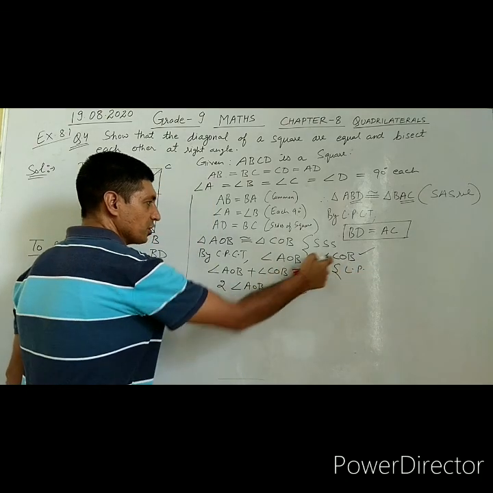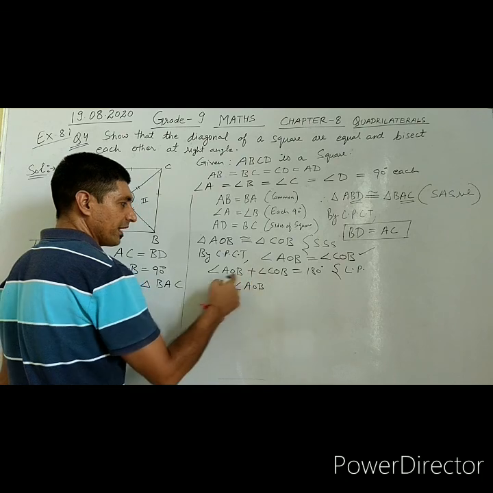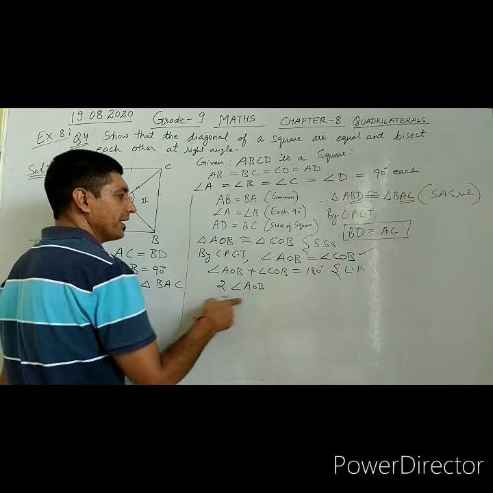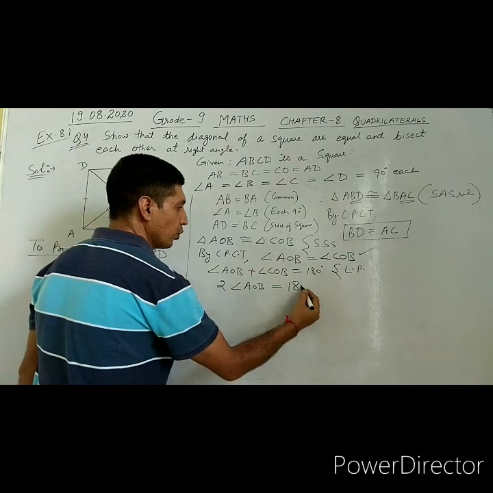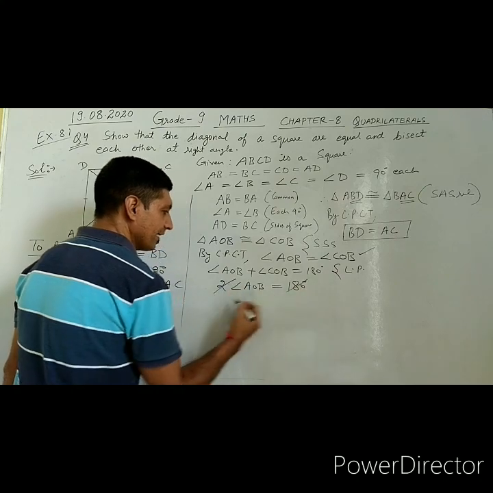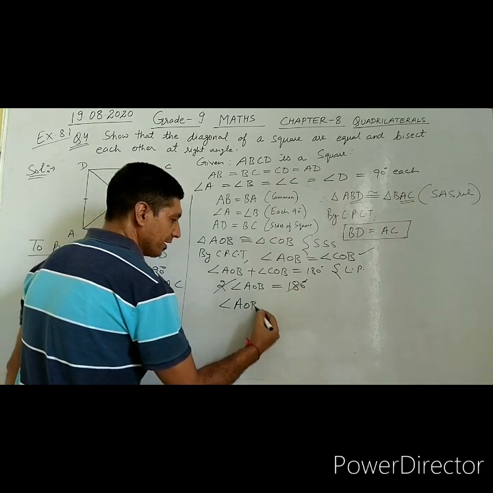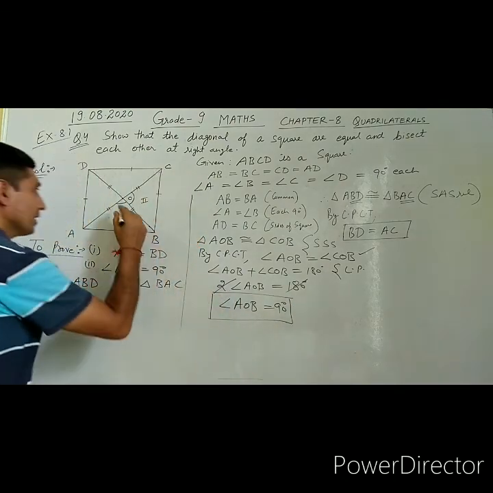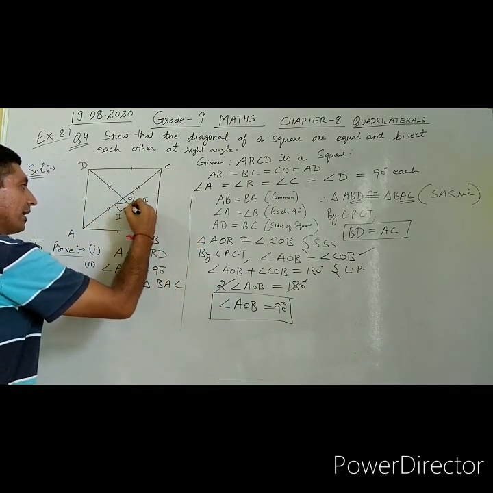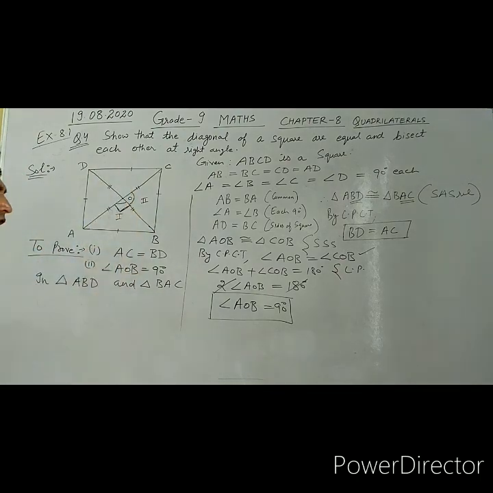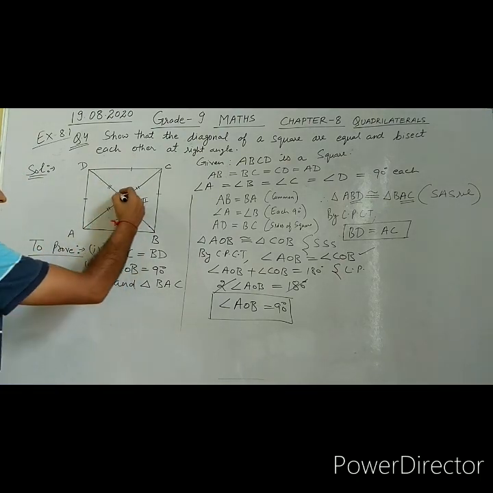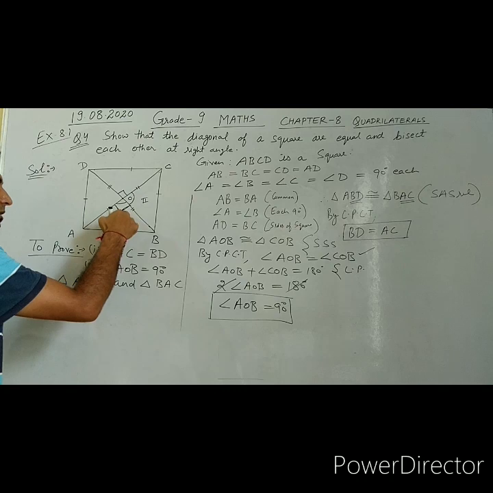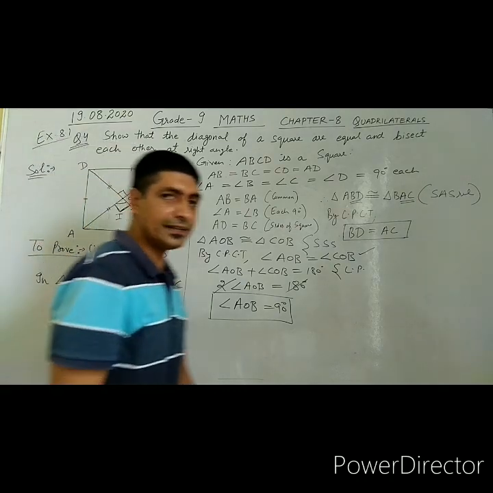So in place of COB I can write AOB: twice angle AOB is equal to 180 degrees. So angle AOB is equal to 90 degrees. If this angle is 90, then all four angles must be 90 degrees, by vertically opposite angles and linear pairs.